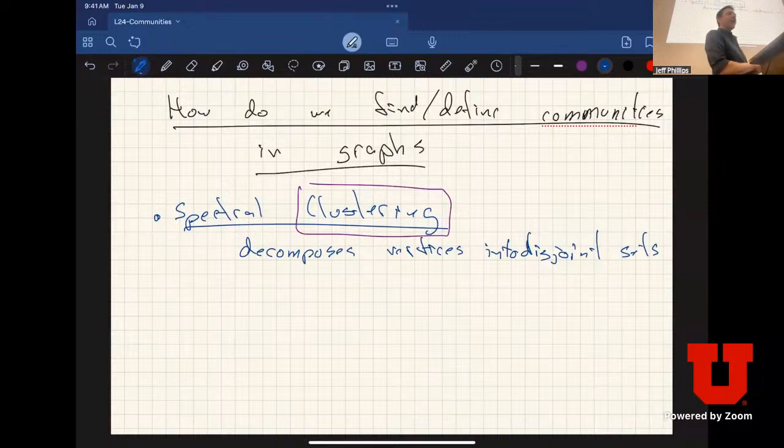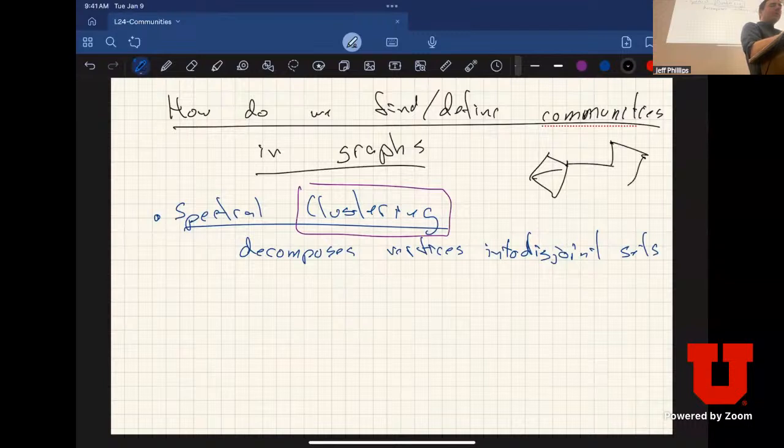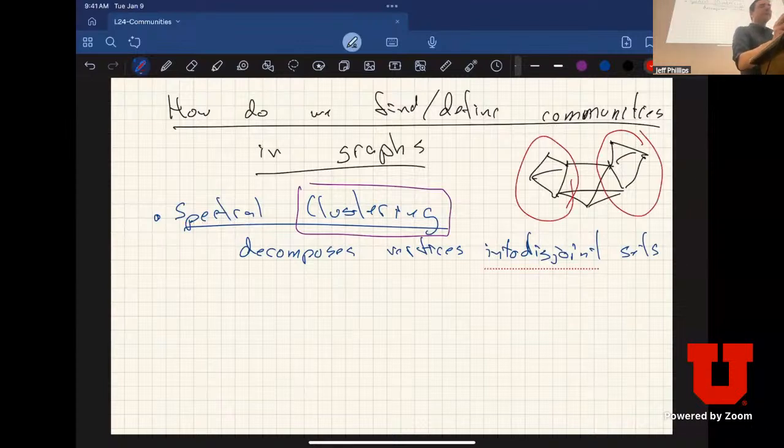So this is not necessarily the same thing as communities. It might be a good starting point. But if I have a graph, and again, it's a little hard to explain this on a small scale, you could think of having two subgraphs here, but there might actually be a third community that's overlapping with both of these.